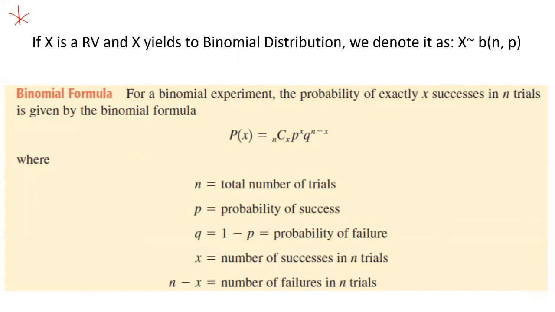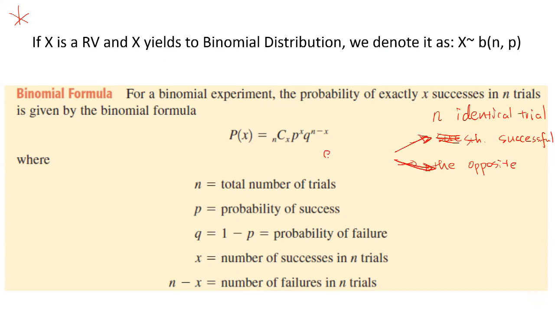Okay, what does this mean? It means when you conduct n identical trials, for each trial there are 2 outcomes, right? Either something is successful, or the opposite happened. It can only have these 2 outcomes for each trial.